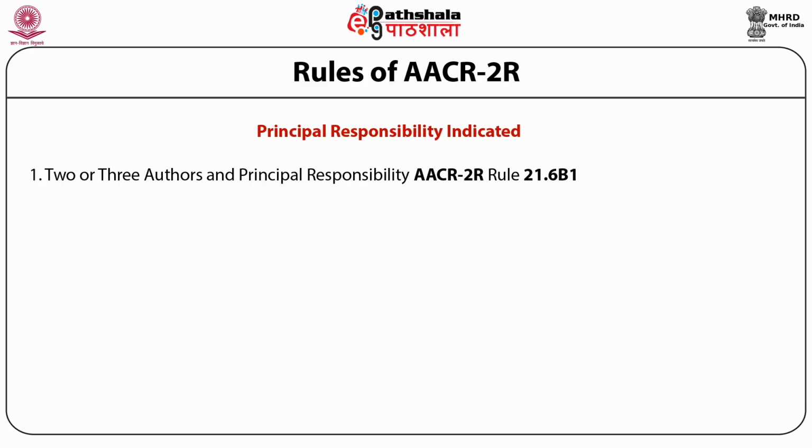If another person or corporate body appears first in the chief source of information, make an added entry under the heading for that person or body. Make added entries under the heading for other persons or bodies involved if there are not more than two.